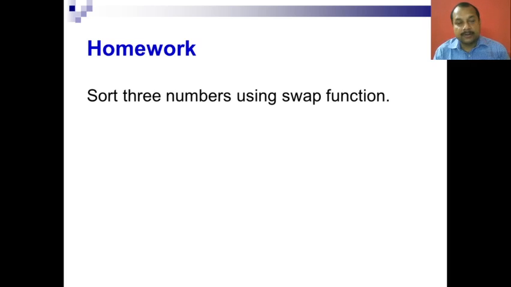Now you can extend that simple swapping function concept to sort three numbers using the swap function. What I am asking you to do is read three numbers from the input. You can consider A, B, C. You call the swap function, and you have to decide how to call it, because the swap function will take two arguments as an input, basically the addresses of two arguments, and that way you may call it several times, and indeed you have to call this swap function multiple times, and by calling that you get the numbers sorted.